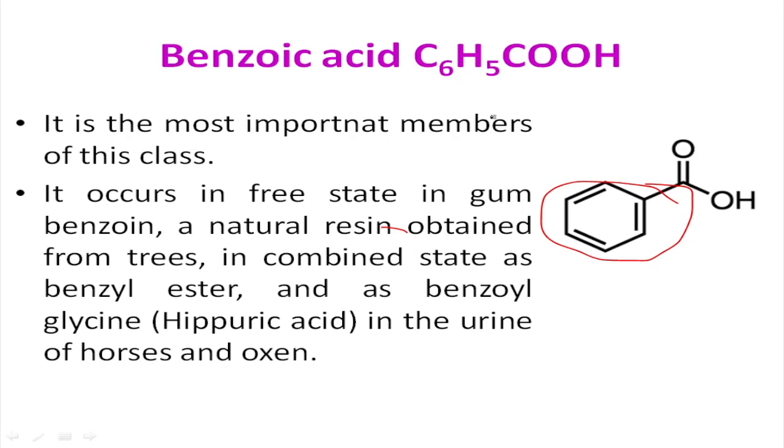It is obtained from trees in combined state as benzyl ester or as benzoyl glycine, hippuric acid, in the urine of horses and oxen.